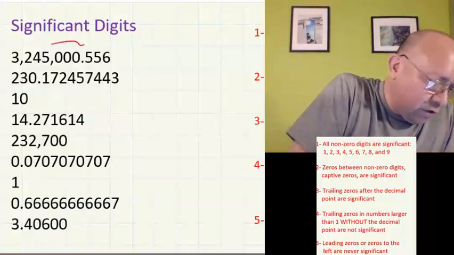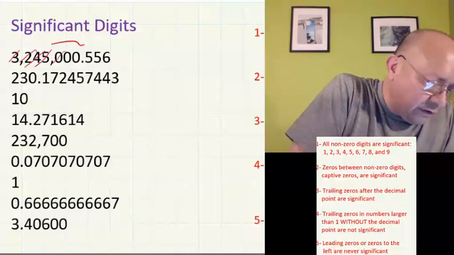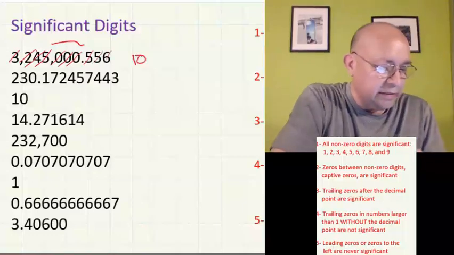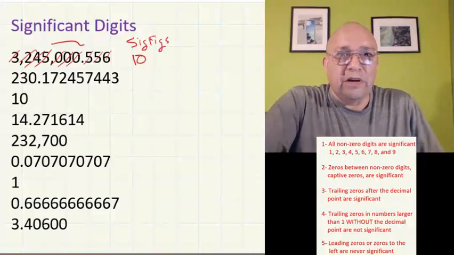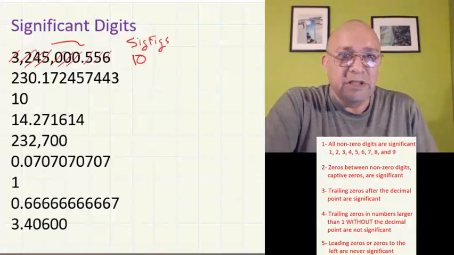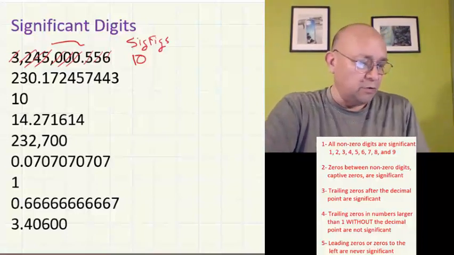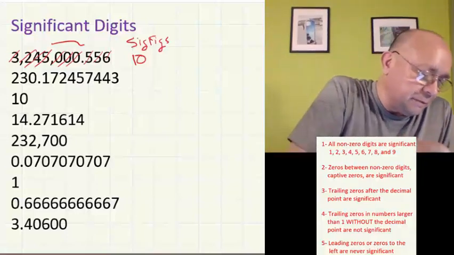So here we have 1, 2, 3, 4, 5, 6, 7, 8, 9, 10. 10 significant figures. So now let's rewrite this number with just 3 significant digits. So we have to cut the number.